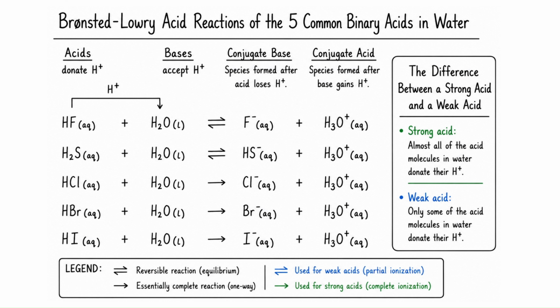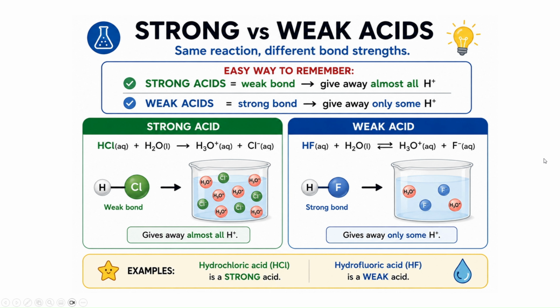The same reaction also helps us understand the difference between strong and weak acids. While it is true that strong and weak acids can both donate hydrogen ions, at the end of the day, they have different bond strengths. Strong acids hold on to their hydrogen ions weakly when placed in water, and they donate almost all of their hydrogen ions.